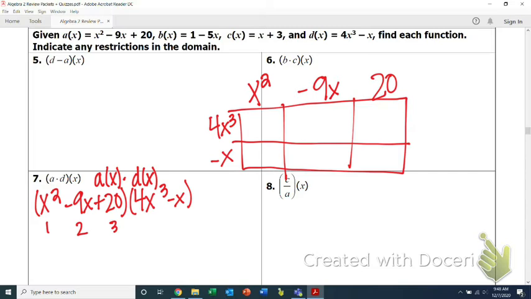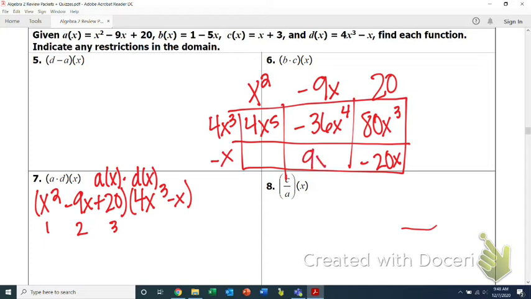It all works the same way. 4x to the 5th, negative 36x to the 4th, 80x cubed, negative 20x, positive 9x squared, and negative 1x cubed.